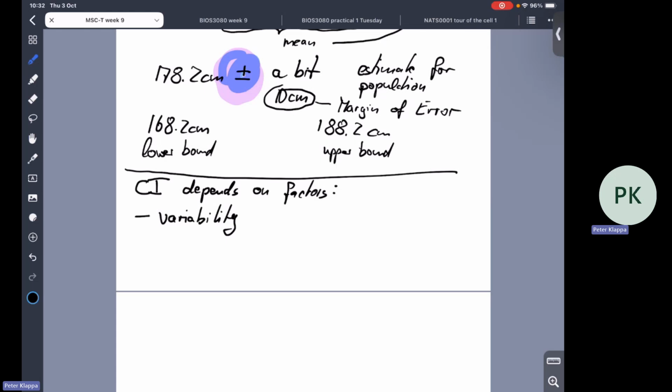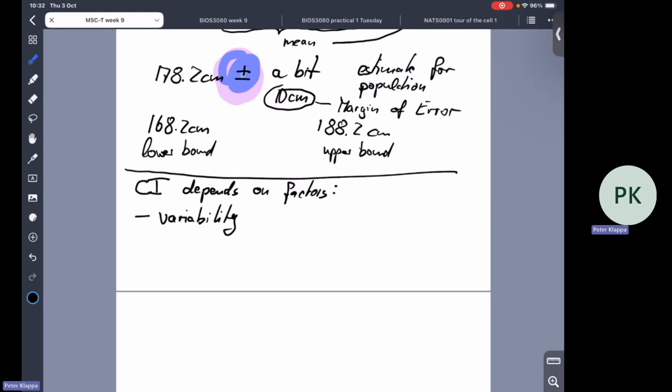There would be no variability in the population, right? Would I have to make a guess then? No, I could say everybody is the same. There is no variability in it. I can say this time it is definitely 178.2 centimeters because there's no variability in it.